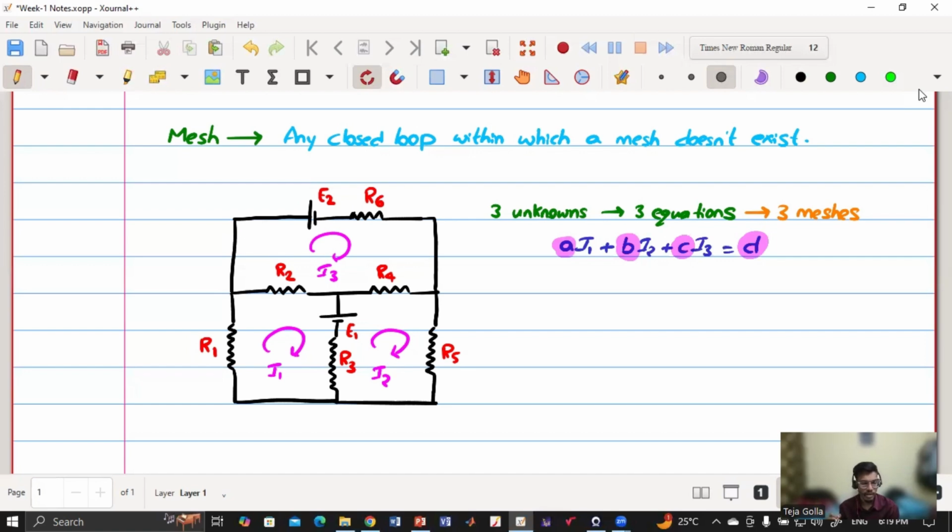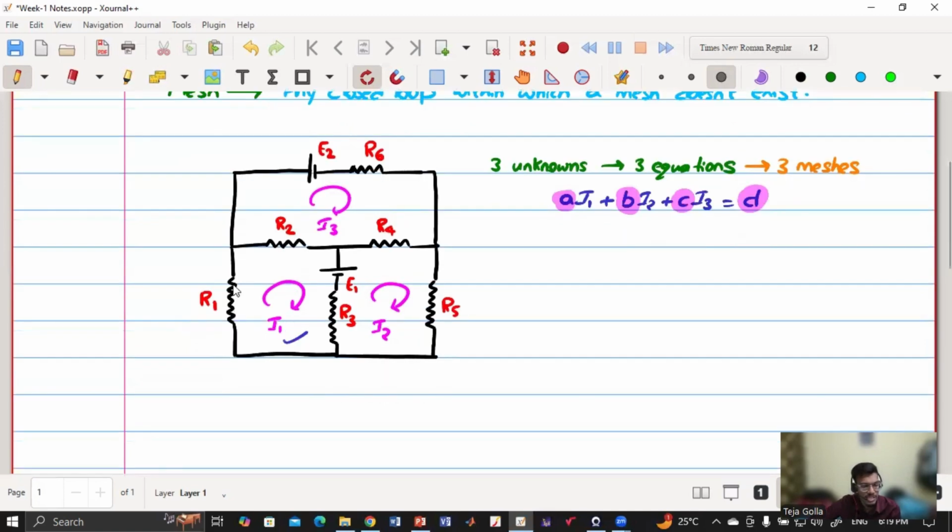Say I am dealing with this mesh I1, or mesh M1. So the mesh current is I1. Now the coefficient of I1 is the sum of the resistances in this loop, which is R1, R2, R3. So the first equation, the coefficient of I1 is R1 plus R2 plus R3 into I1.